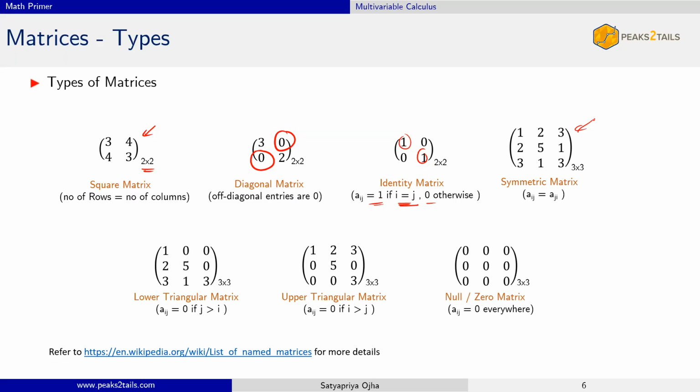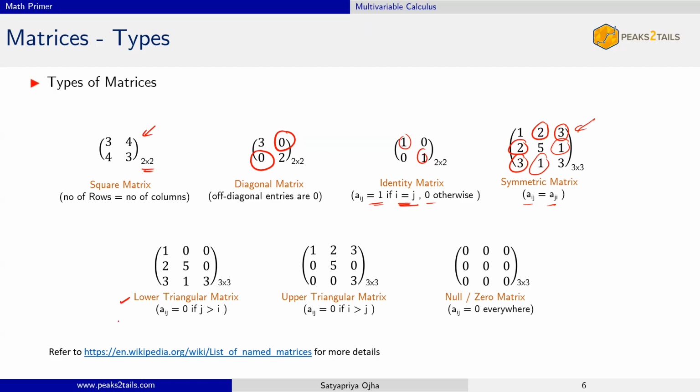Both are symmetric matrices. Now, what is a symmetric matrix? Aij must be equal to Aji, which means the ith row, jth column entry must be the same as the jth row, ith column entry. Okay. First row, second column must match second row, first column. First row, third column must match third row, first column. And second row, third column must match third row, second column. Symmetric matrix.